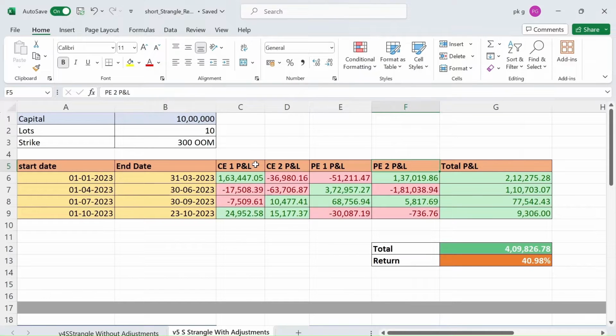As I said, we have made this strategy into 4 parts called CE1, CE2, PE1 and PE2. To get your actual profit, you have to combine the profits and losses of these 4 strategies for the day. The backtesting results are from Jan to March 2023.